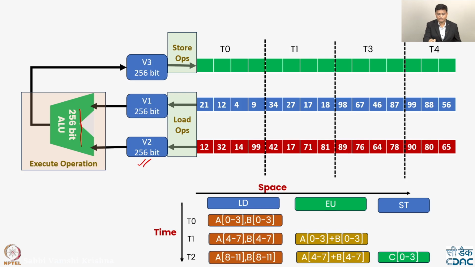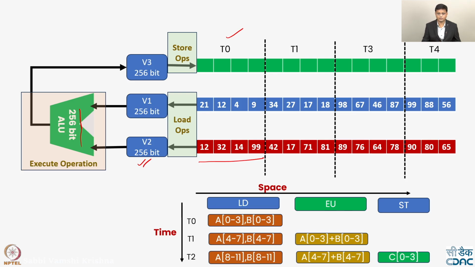So, in the T0 clock cycle, it has the ability to process 4 elements at a time, and I am not changing the pipelining structure. The pipelining structure is almost the same as we have studied for the previous 2 cases.